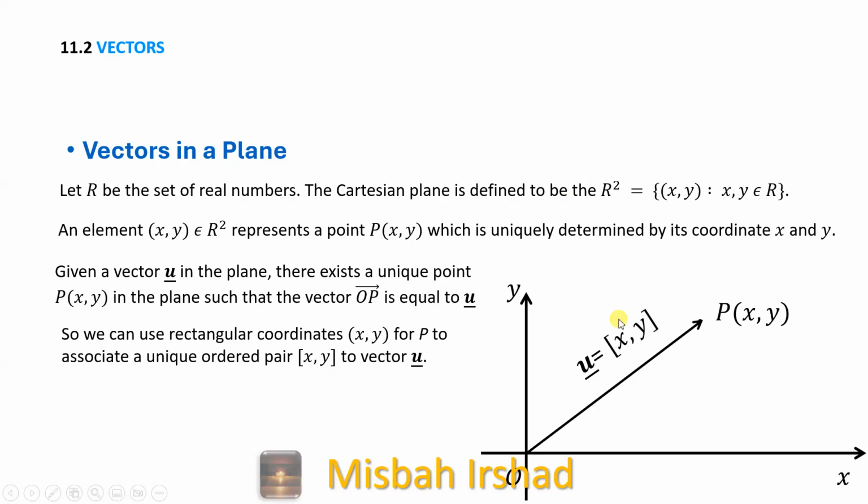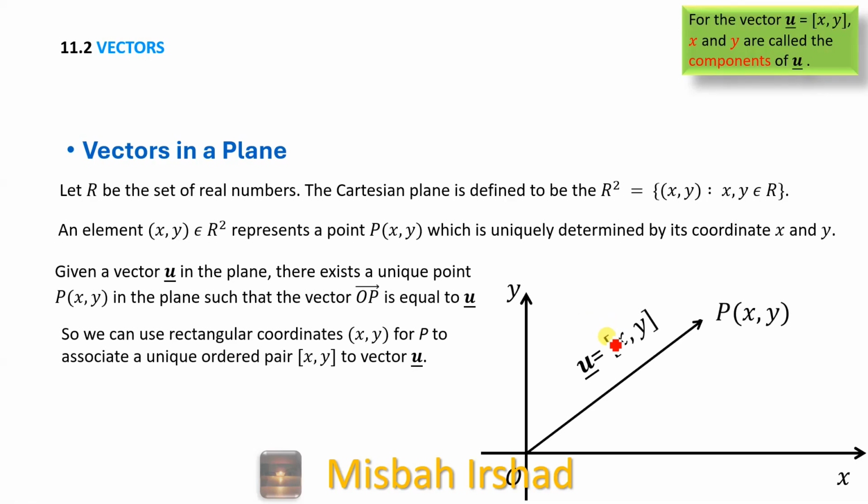You can see that here we used the square bracket notation, and this is actually the vector notation. So when we have to write a point, we'll use parentheses, and if we need to write a vector, we'll use square brackets. And x and y are called components of this vector.